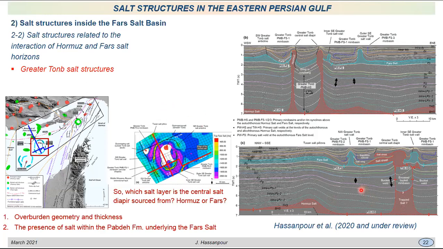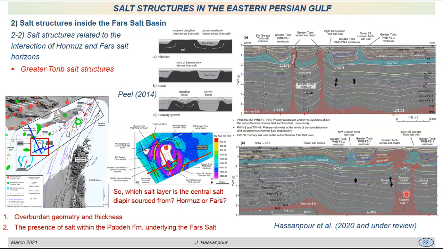And if you look at the geometry of the overburden, especially we have got a thickening of the Jurassic interval just toward the central salt structure. So that's why if you consider this southern area as a secondary mini basin, we think that it's formed by the collapse of the central salt structure, likely because of welding of the salt layer as shown by the shifting of the depocenter toward the salt diapir.